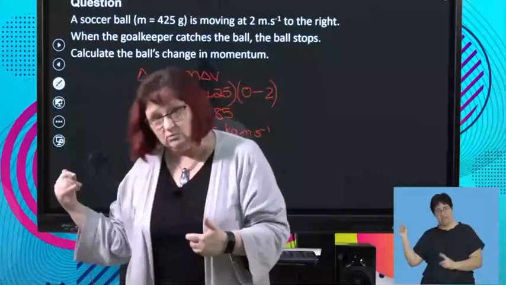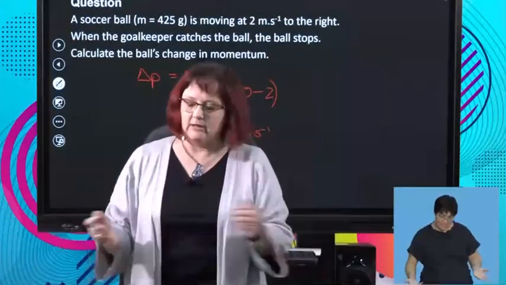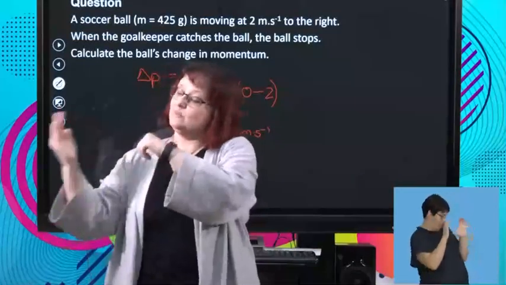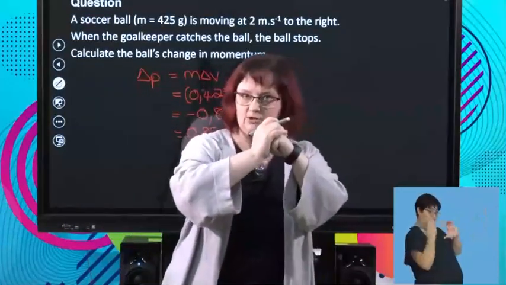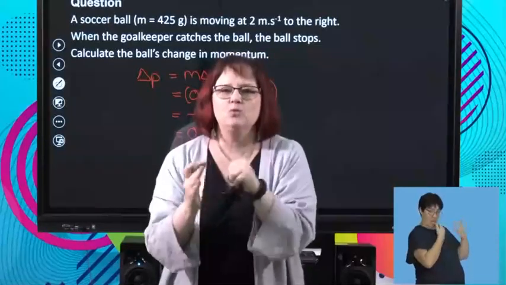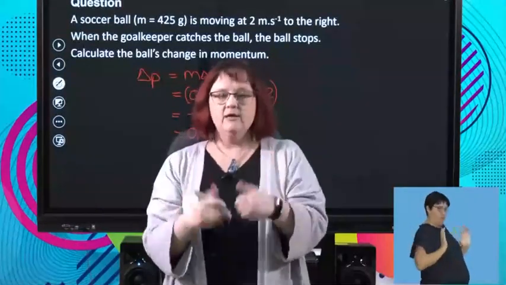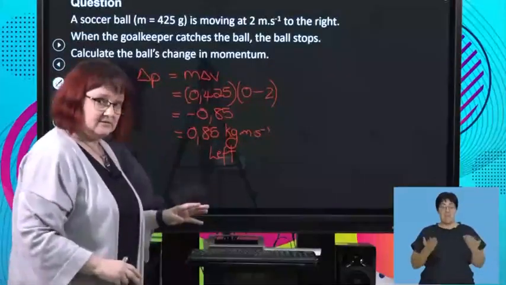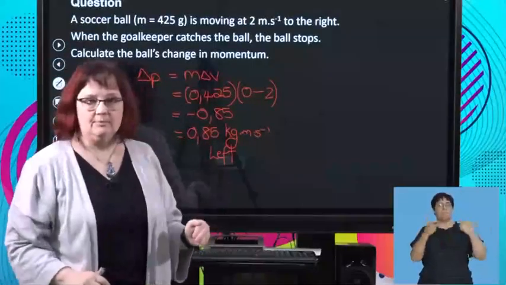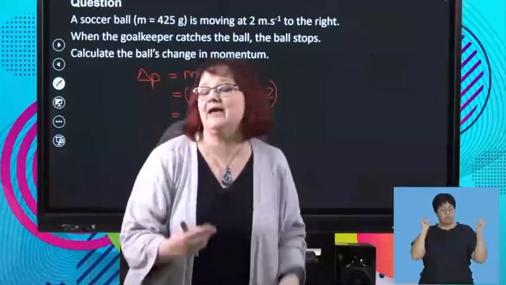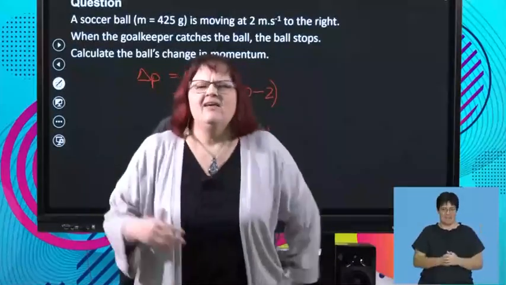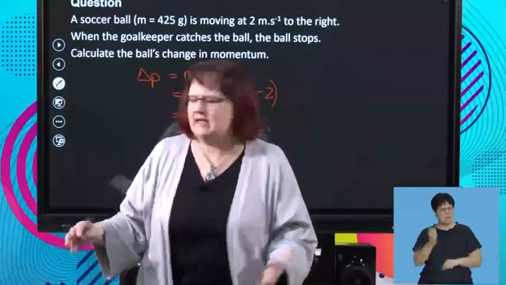It's going to go in the goal, and then no one's going to be happy, okay? So the goalkeeper has to be in the opposite direction to the motion of the ball so that it will stop, okay? We expected a bigger change in momentum because there was a bigger change in the velocity. That one was fairly straightforward to get.